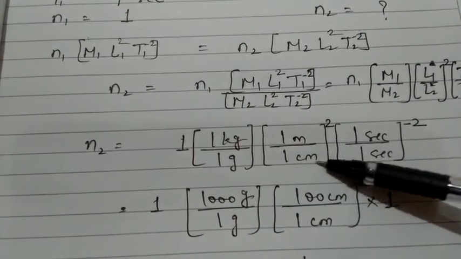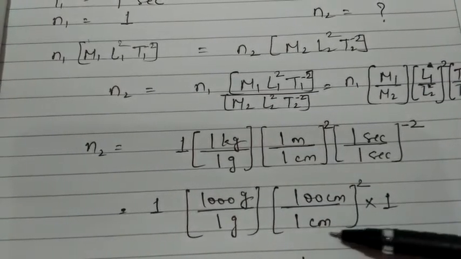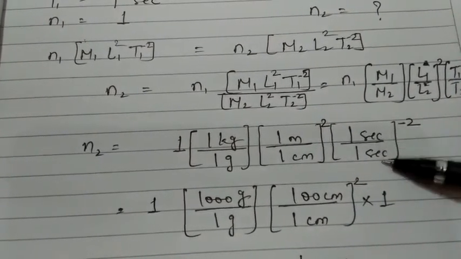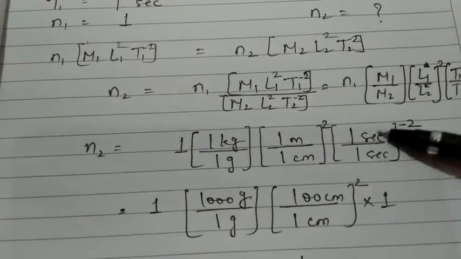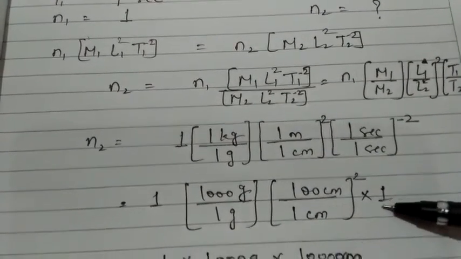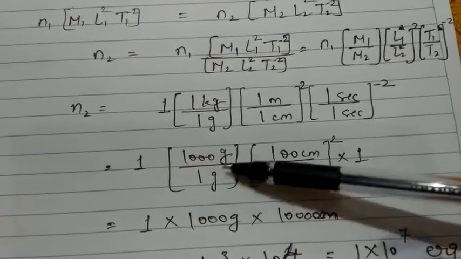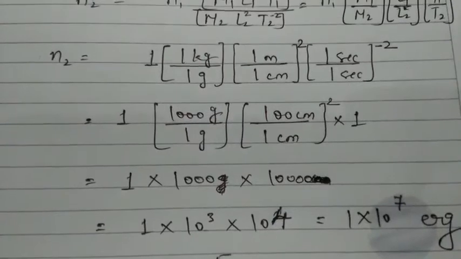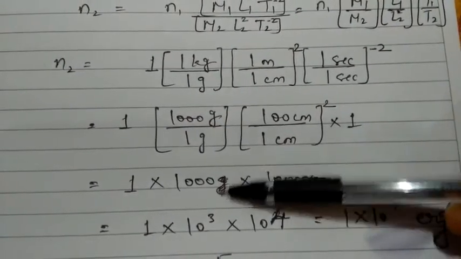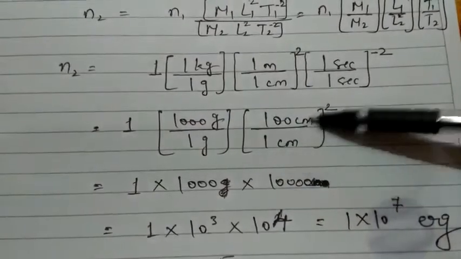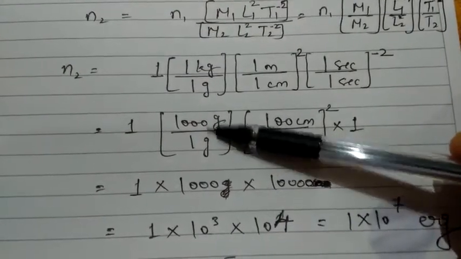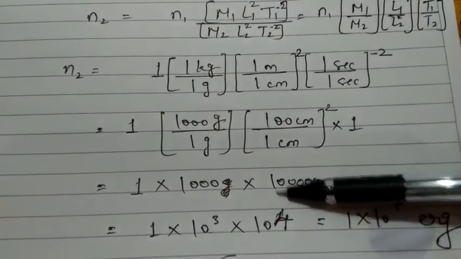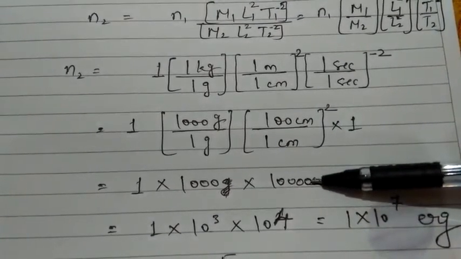Meter we write in terms of centimeter, so we get 100 centimeter upon 1 centimeter, to the power 2, into 1 because the time unit is the same in both systems. Now when we divide, gram and centimeter will simply cancel. Here we have got 1000. Here we get 100 to the power 2, that is 10,000.